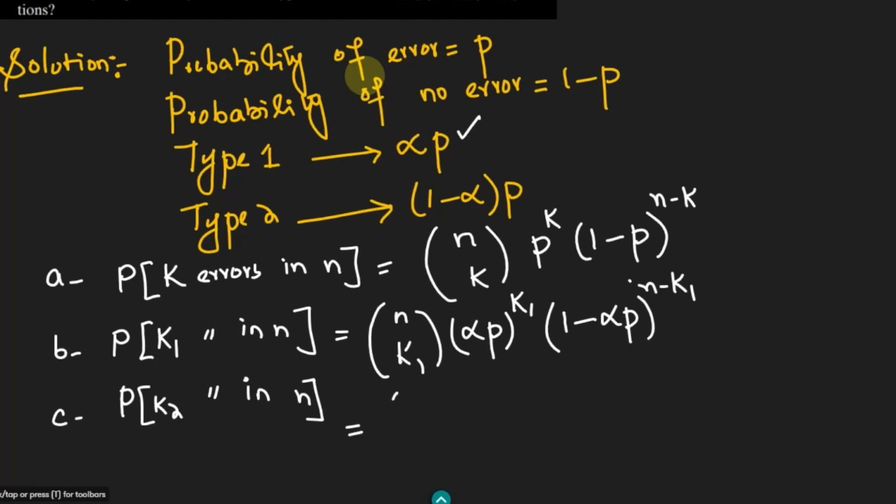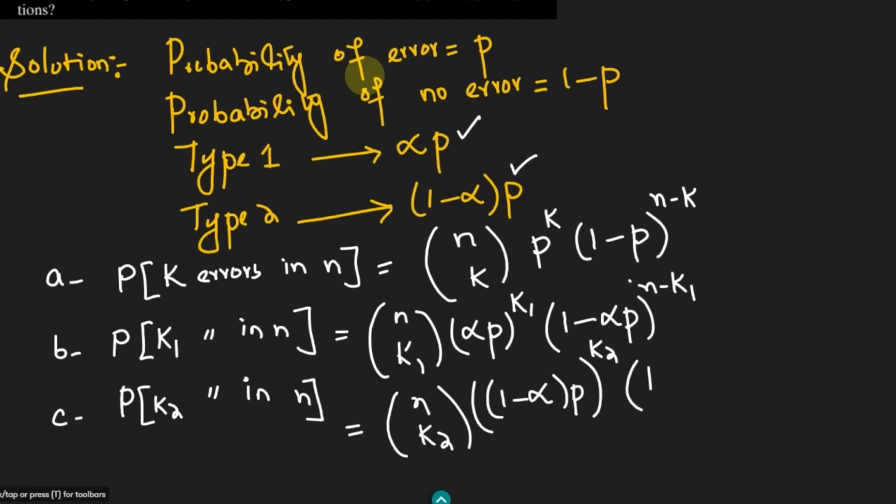Here it would be n choose k2, and the probability of a type 2 error is given, it would be 1 minus alpha times p, and the power of it is k2. The probability that it is not a type 2 error would be 1 minus 1 minus alpha times p, and the power it will have would be n minus k2. So this is the solution of part C.